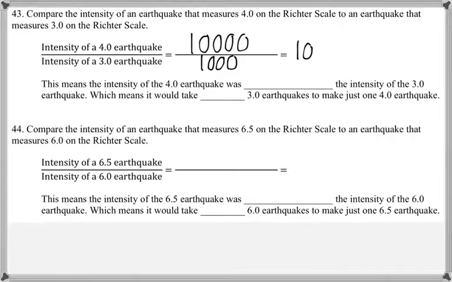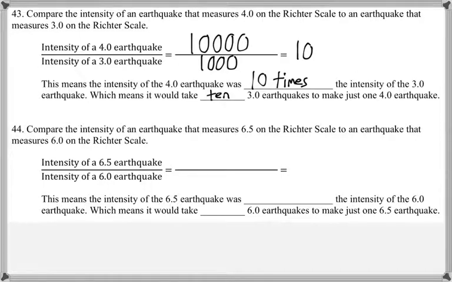And what that means is the intensity of the 4.0 earthquake was 10 times the intensity of the 3.0 earthquake. So it would take 10 3.0 earthquakes to make just one 4.0 earthquake.